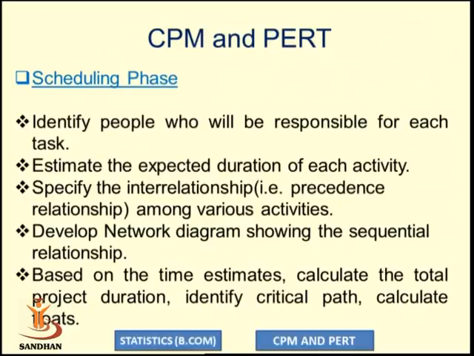Develop the network diagram showing the sequential relationship, and based on the time estimates using critical path method and PERT technique, we have to calculate the total project duration. Using that technique, we have to identify the critical path and calculate the floats. We will discuss the floats in detail after completing the critical path method and PERT technique.